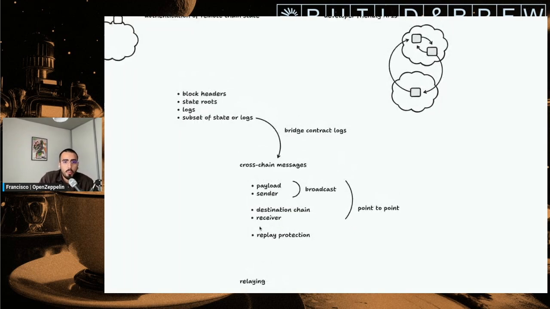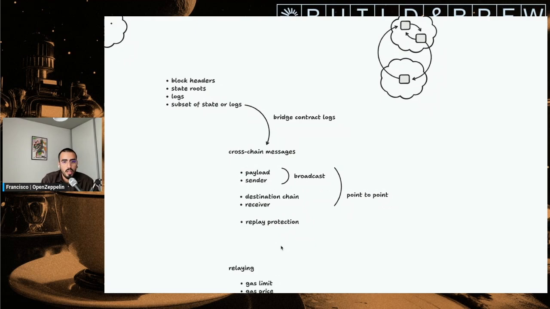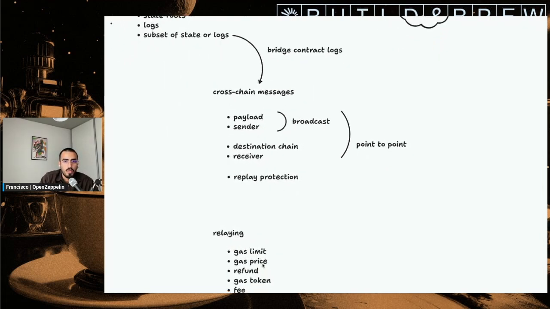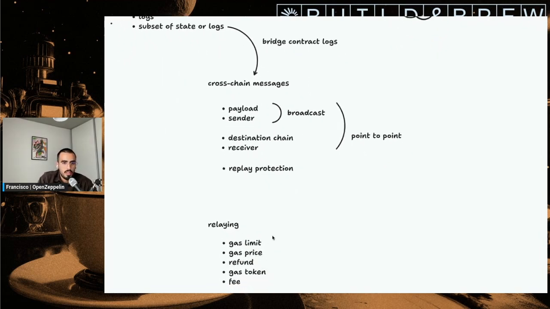And so this is going to imply that we're going to need quite a few more parameters in our bridge to actually process this cross-chain message related to relaying. And so it's going to get a bit more complex here. The first two things are going to be similar to just sending a transaction to any chain. We're going to need to specify a gas limit, so up to how much gas do we want to pay. And we're going to have to say how much we are willing to pay for it.